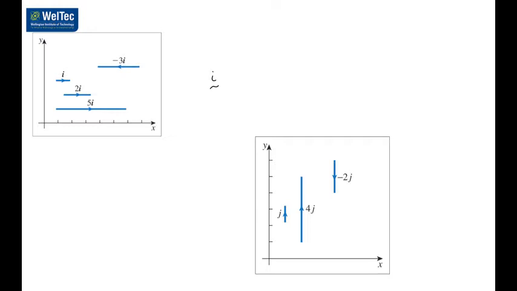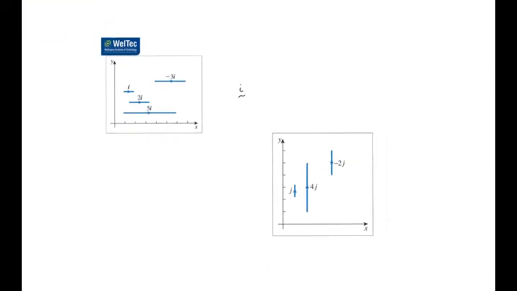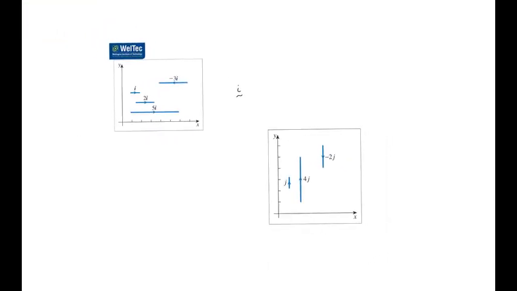In the bottom right, all of these vectors are multiples of J, the unit vector in the Y direction.